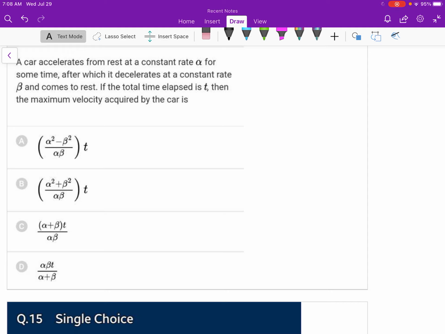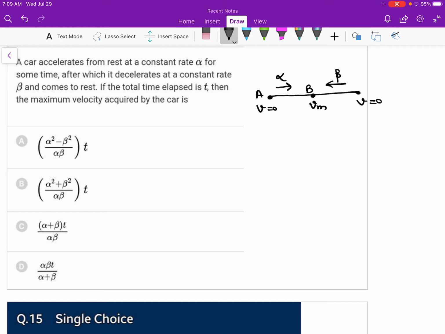A car accelerates from rest with alpha, then retards with beta, and the total time elapsed is t, then the maximum velocity acquired. So this is zero speed, this is maximum speed, and this is again zero speed. Here there is acceleration alpha, here retardation beta.